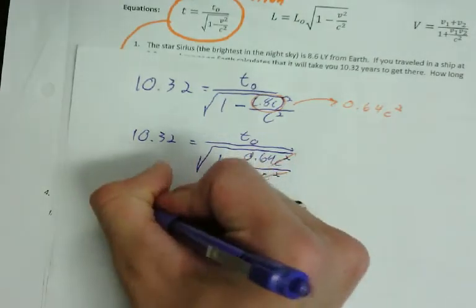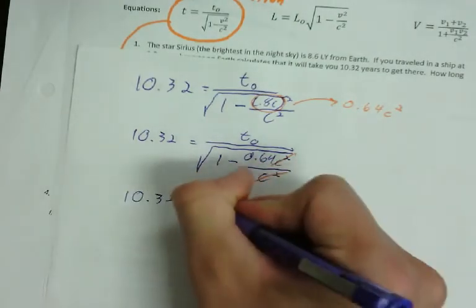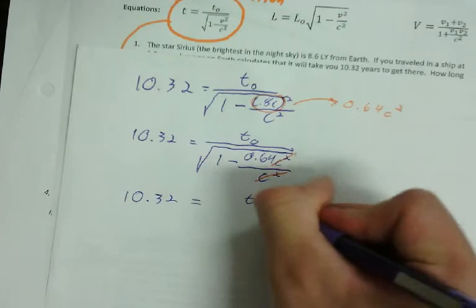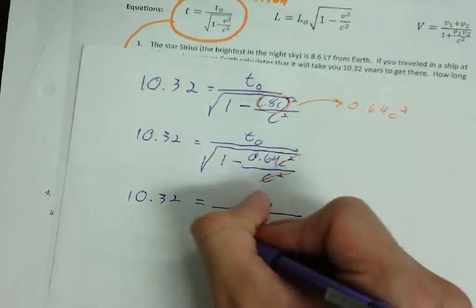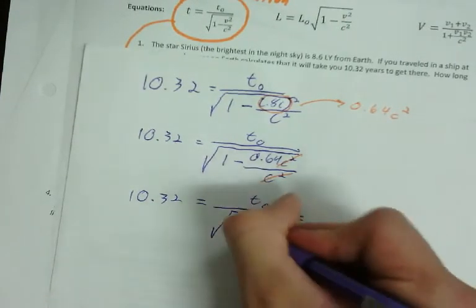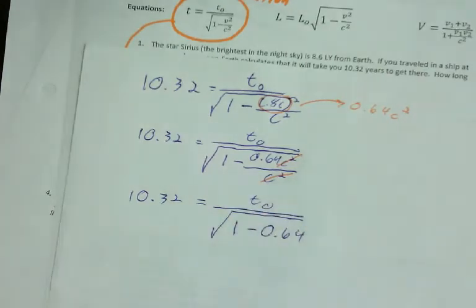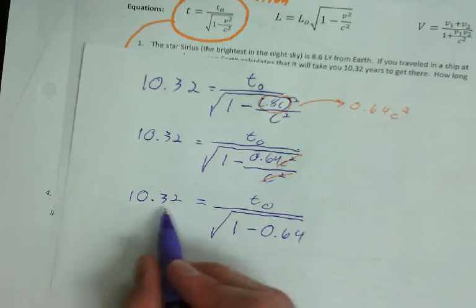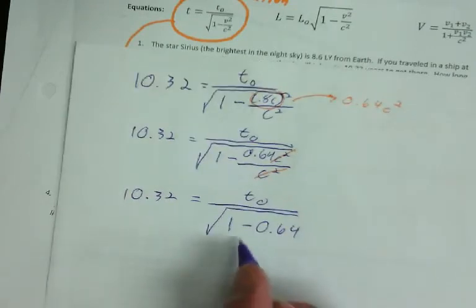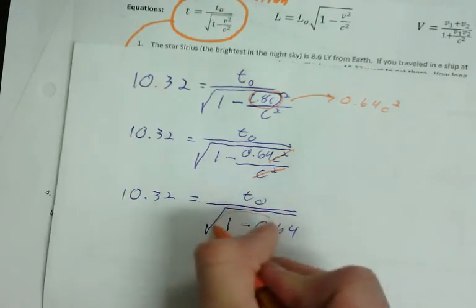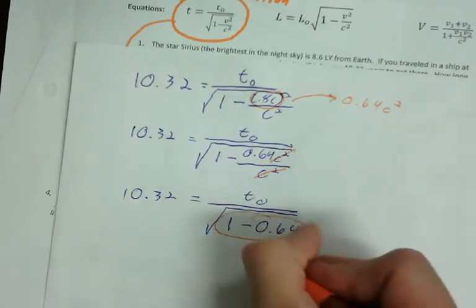Okay? 10.32. And again, you'll notice I'm going really slow on the steps. You most likely will go faster on these solving steps than I am. I'm trying not to leave anybody in the dust. So I canceled out the c squareds. So now I got 10.32 equals T naught over the square root of 1 minus 0.64. So here we go.